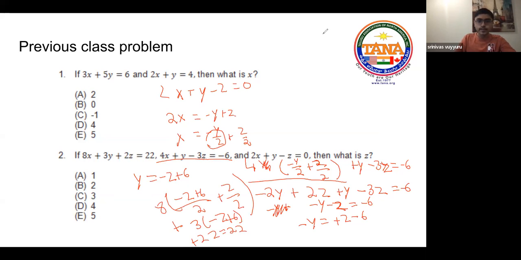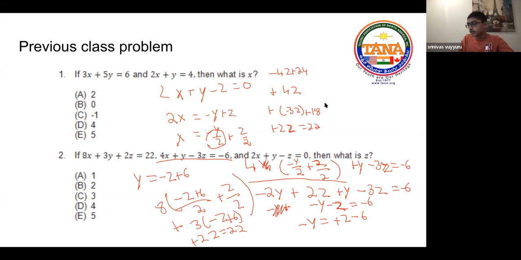And then you simplify this more by multiplying out the 8. So you get negative 4z plus 24 plus 4z plus negative 3z plus 18 plus 2z equals 22.